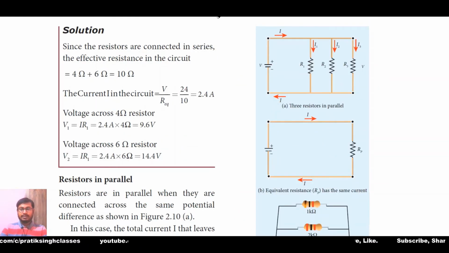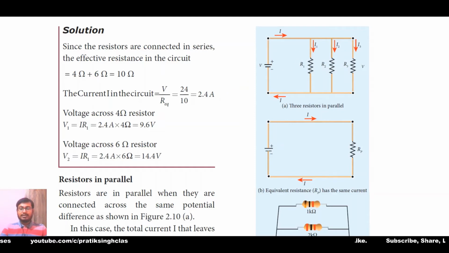You can see here in figure 2.10a that we have three resistors, R1, R2 and R3, and they are connected parallel to each other. How can we say that they are connected in parallel? Just see that they are connected to the same potential or the same terminals of the battery.